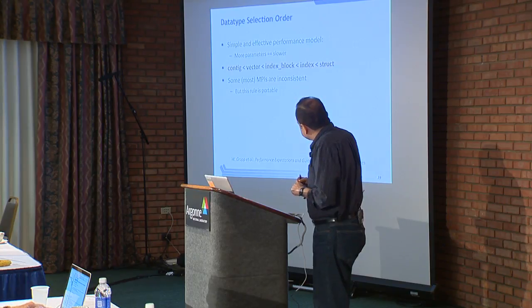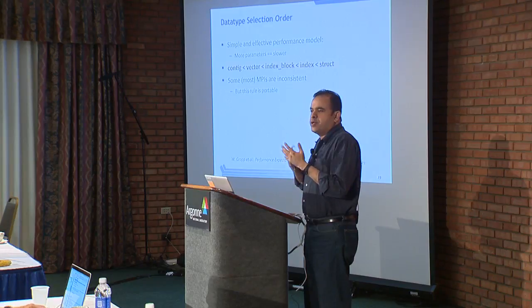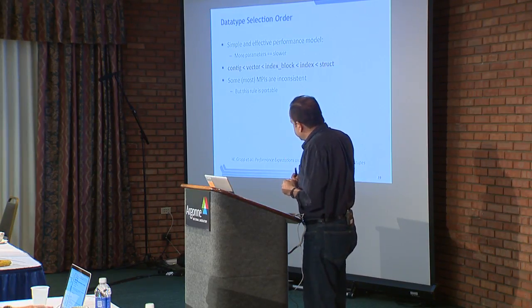As you get further to the right, or if you have built very complex types, sometimes the MPI implementation might just say, okay, this is too complex for me to optimize. I'm just going to internally do packing and just copy it together and then send it as contiguous. Of course, that's an implementation choice. And there's a lot of research in how to optimize MPI derived data types, and there have been papers published on that. So it can vary based on the implementation and where you're running and so forth.